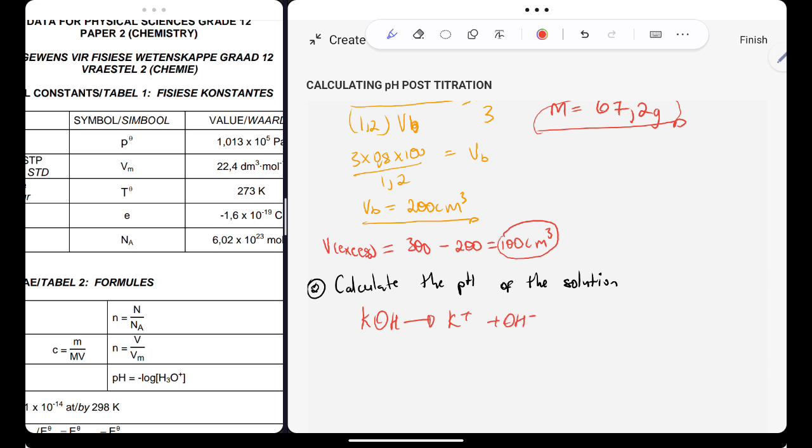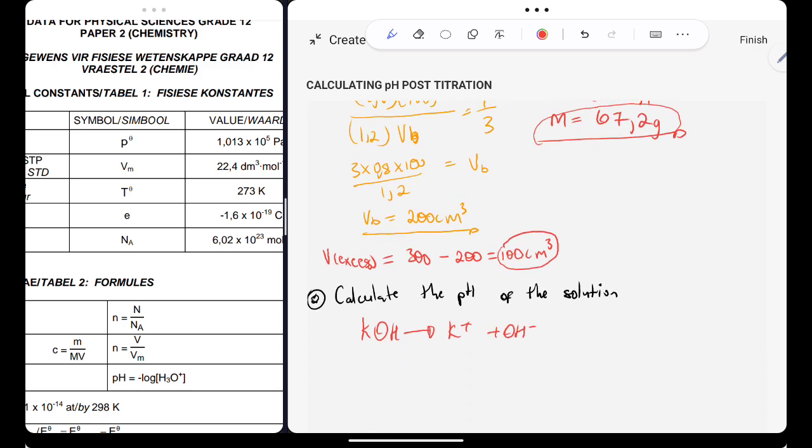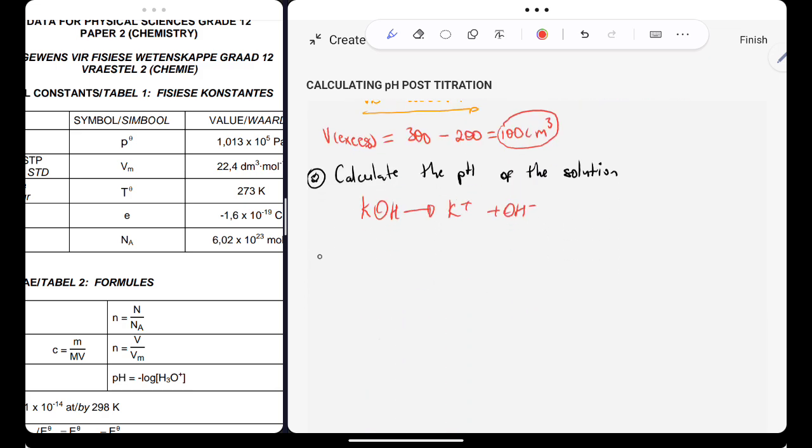For me to calculate the pH, I must first find the number of moles of my hydroxide ions which are in excess, and then calculate the concentration of the hydroxide ions, and then find pOH, and then go and find my pH. Okay, I can simply find the number of moles of my potassium hydroxide which is in excess, right?